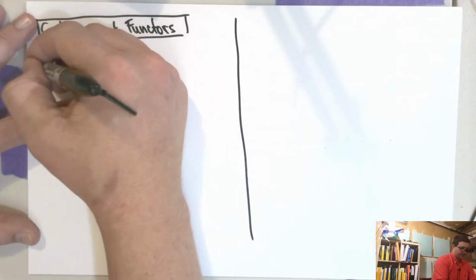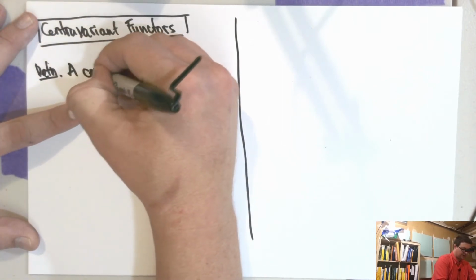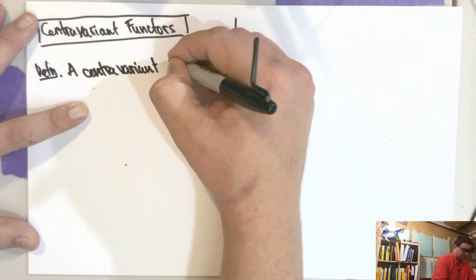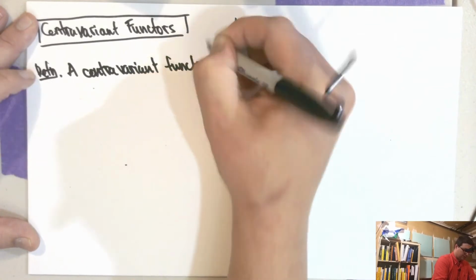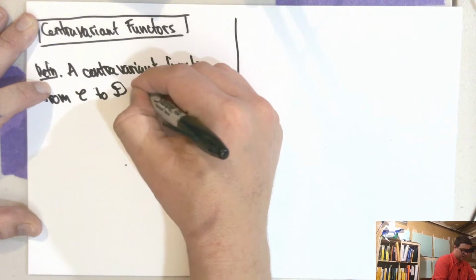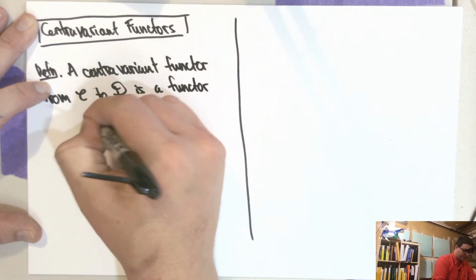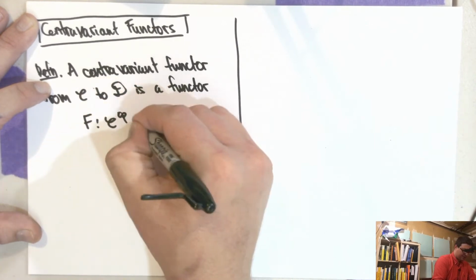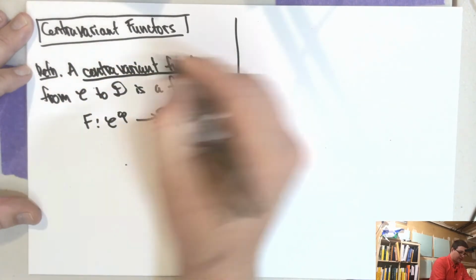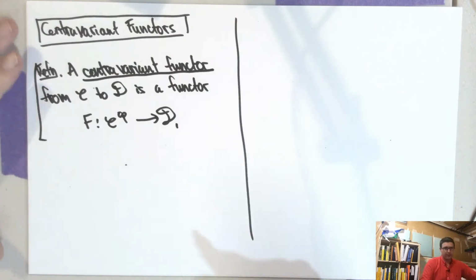Definition: a contravariant functor from C to D is a functor, let's call it F, from C op to D. Some people just say it's a functor where the arrows get reversed.